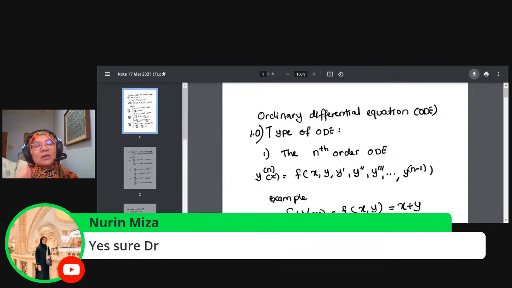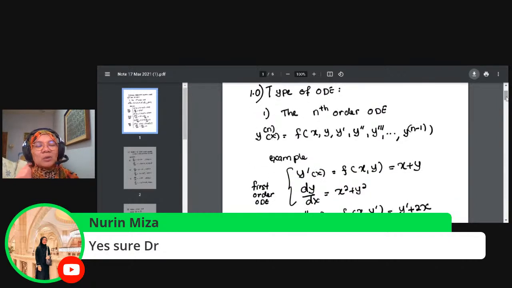ODE is an ordinary differential equation where we use one independent variable, for one or many functions. For example, here y depends on the independent variable x. x is the independent variable, y is the dependent variable. I just want to remind you again and again, to make sure that when I ask you about order and degree, you know the difference.